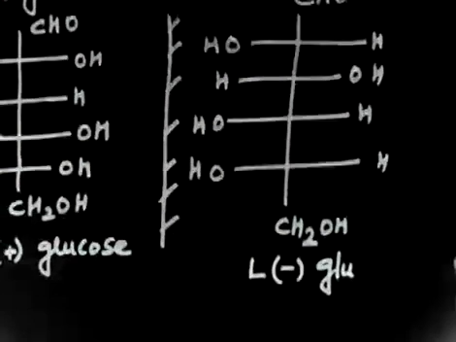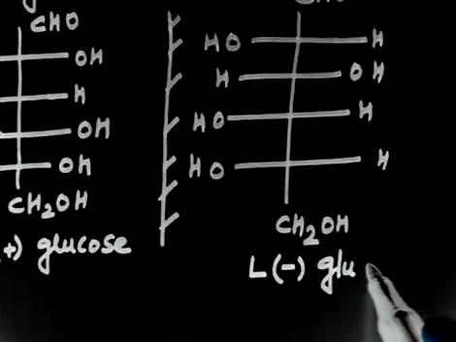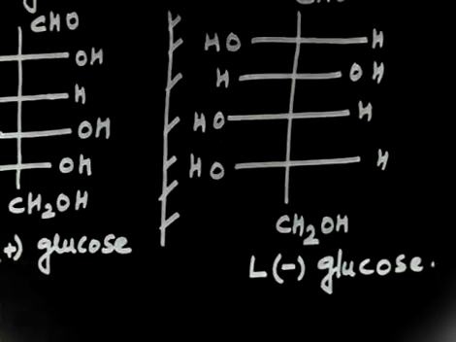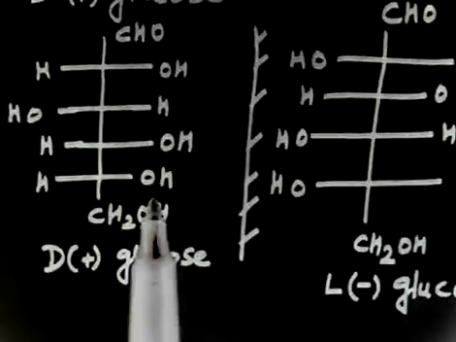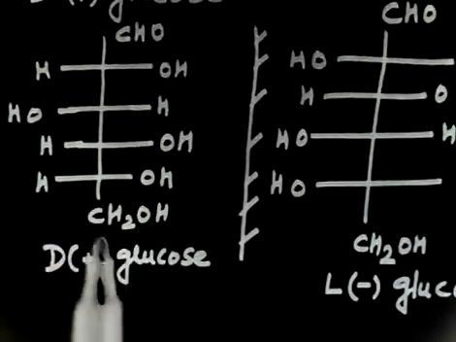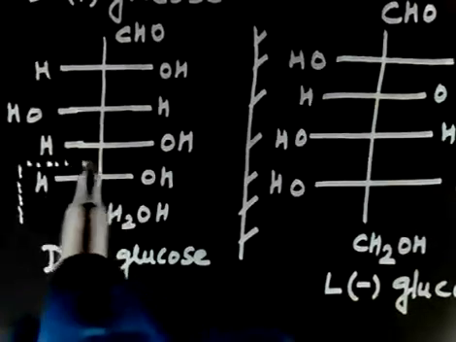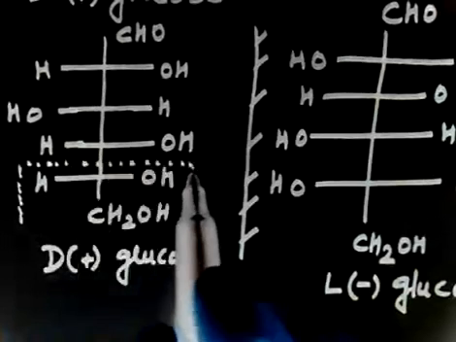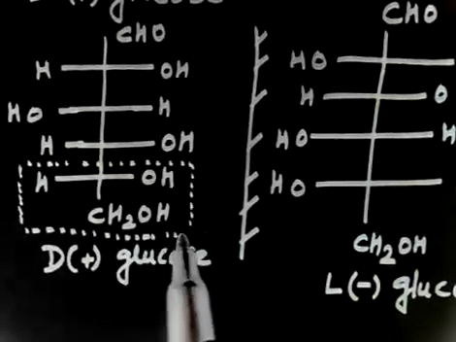The optical rotation in this case is positive, and in this case is negative. Are you getting it or not? When H is on the left side, OH is on the right side, and CH2OH is on the bottom, this is named D. So this is the D group.